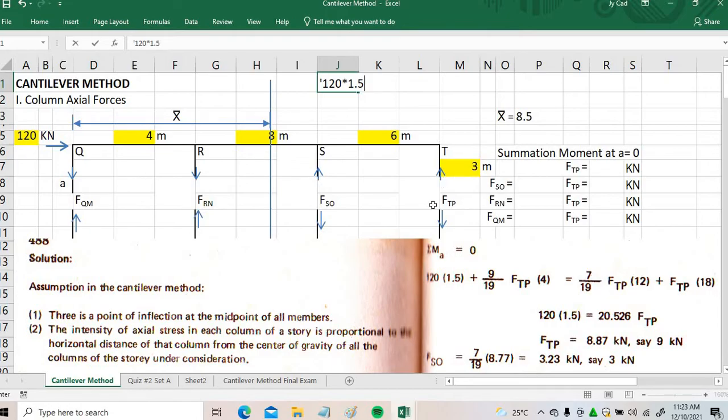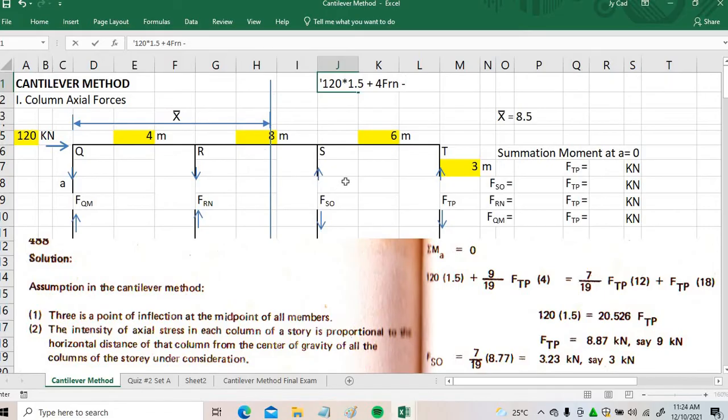So, at inflection point. And then, plus FRN times 4, and then equal to, or pwede mo rin naman sabihin na minus, dito na tayo sa mga counterclockwise.